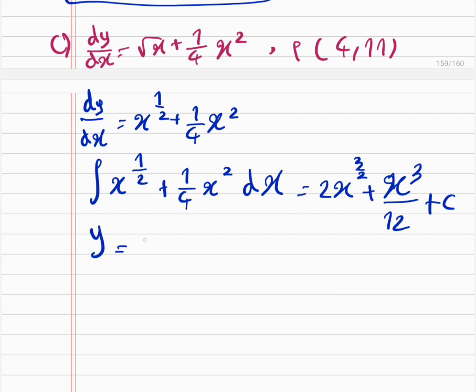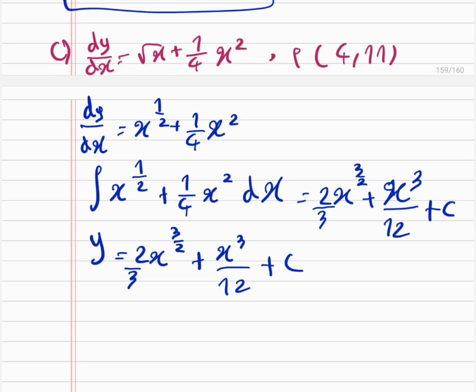So we have y is equal to 2x to the power of 3 over 2 plus x cubed over 12 plus c, and now we just substitute the points. Sorry, I made a mistake here. When we integrate x to the power of half, we should get 2 over 3 x to the power of 3 over 2. So here it is 2 over 3.